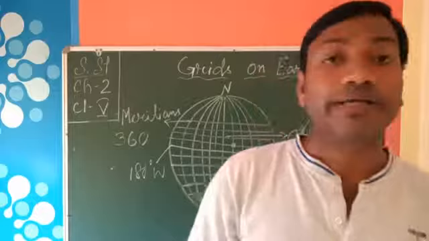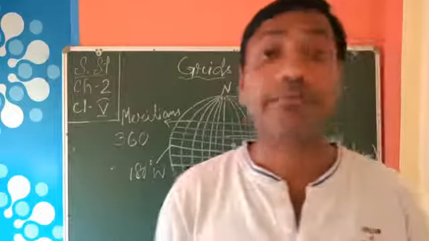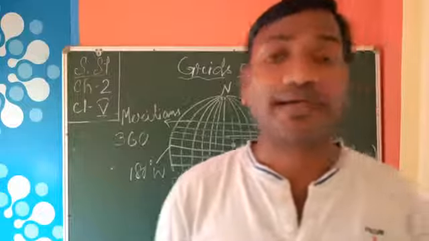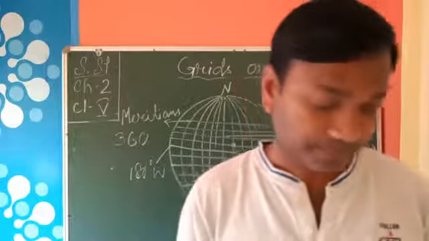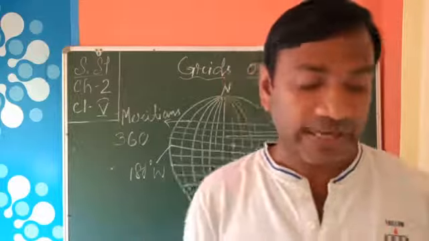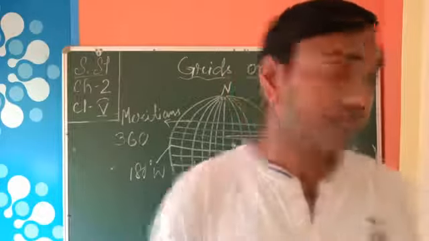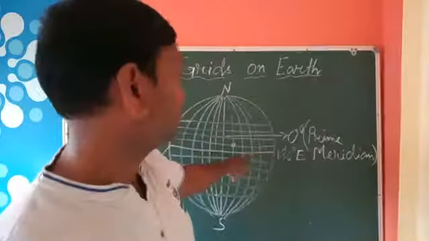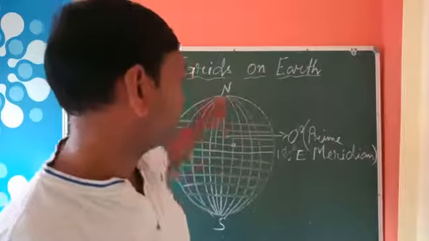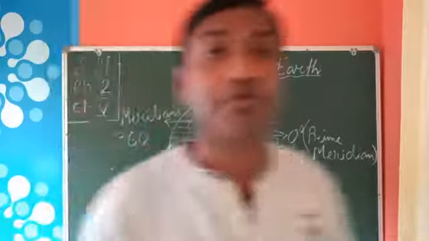Now what are the important things we have learned from this chapter? So we have learned that a globe is the exact model of the earth. The equator is the imaginary line that divides the earth into two equal halves.